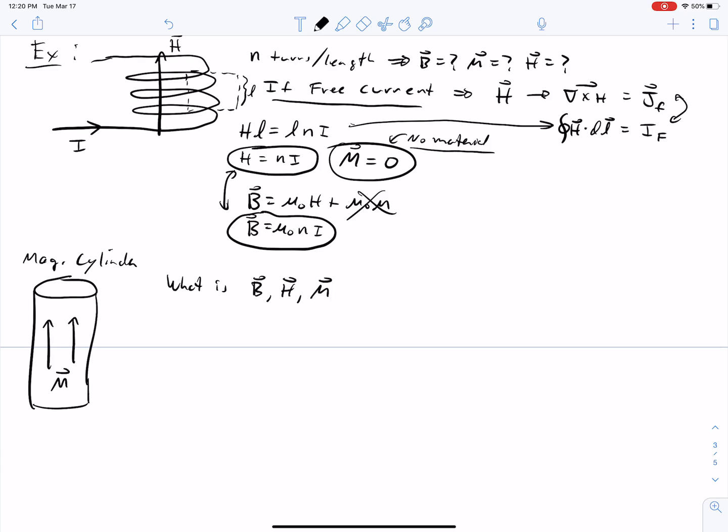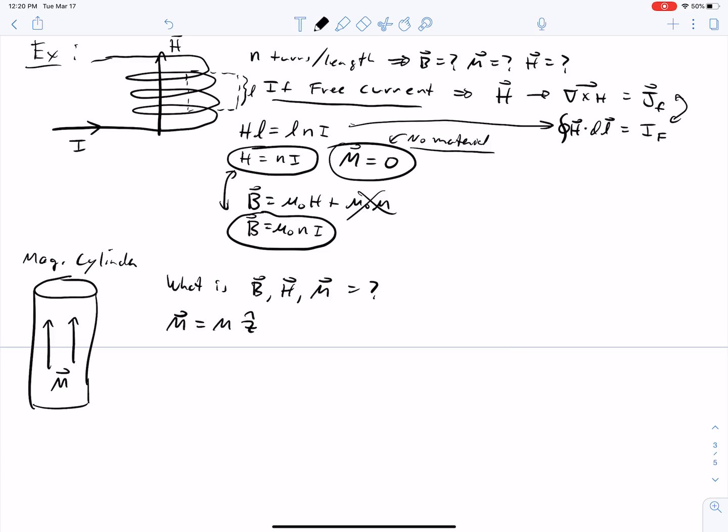In this case, the M is easy. We know that M is just going to be M z hat because it's given in the problem. The magnetization is constant, this is a magnetized cylinder. But the other ones are not so easy.